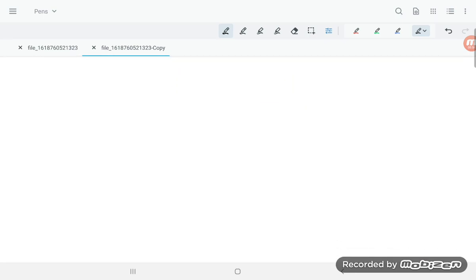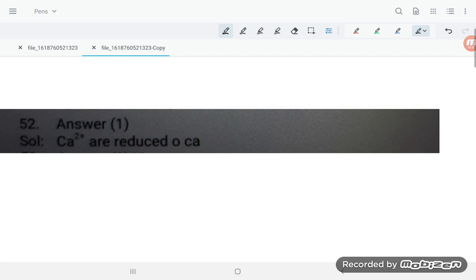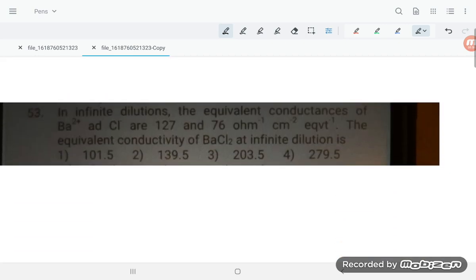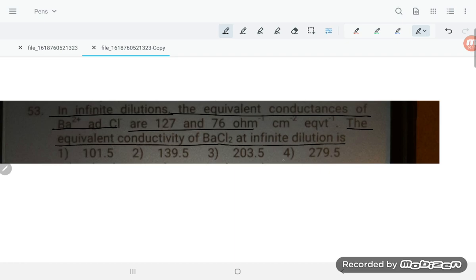Next question, students. At infinite dilution, the equivalent conductivities of Ba2+ and Cl- ions are given. What is the equivalent conductivity of barium chloride at infinite dilution?